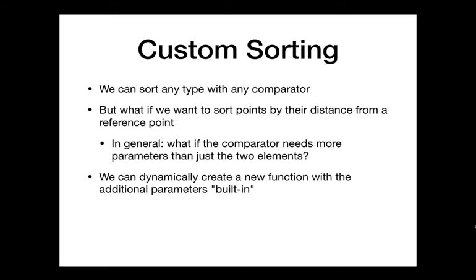They have to be pure functions, which means on a given input, it will always return the same output. So if we're trying to compare two values, given those two values, no matter what the state of anything else is, we always want to return either always true or always false with that comparator. So if we want a pure function as a comparator, and we're thinking functional programming all the way, we definitely want our pure functions.